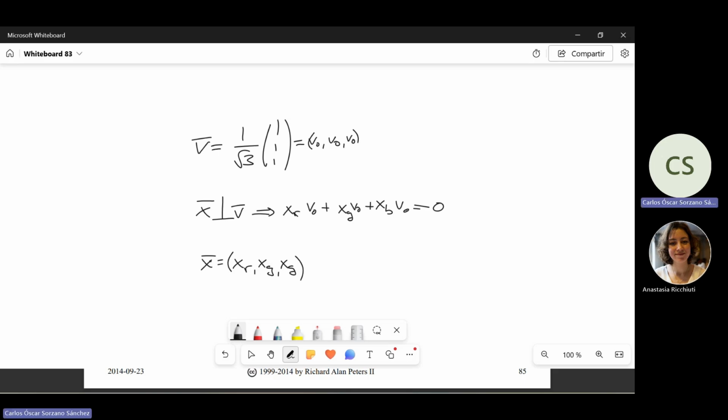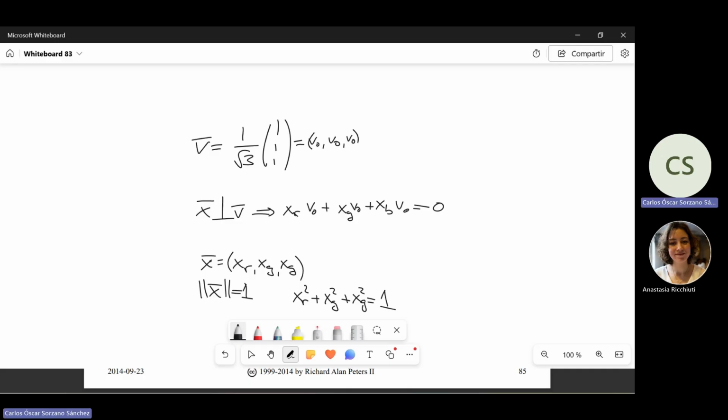Now there is another constraint: the norm of x has to be 1. So x red squared plus x green squared plus x blue squared has to be 1.